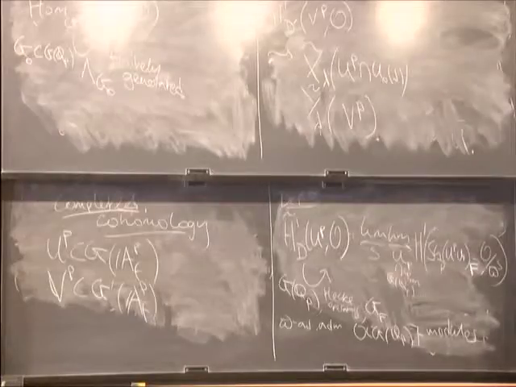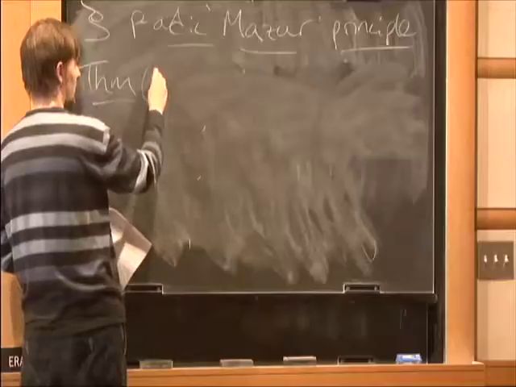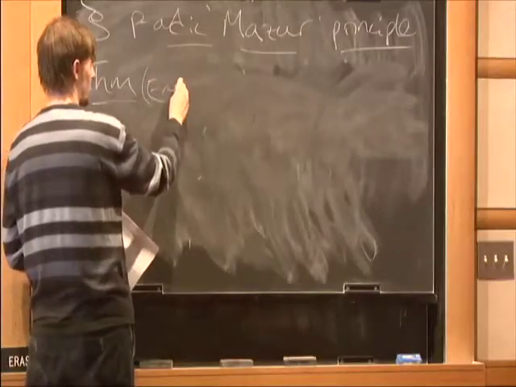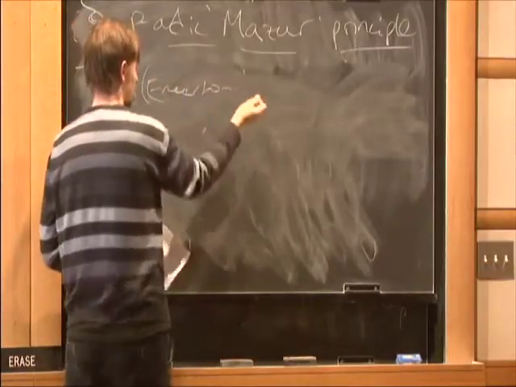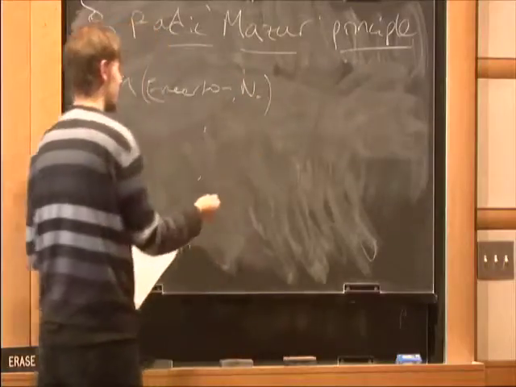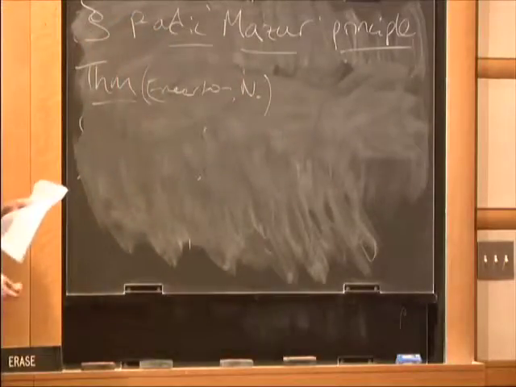A p-adic version of Mazur's principle is going to be some kind of p-adic level lowering result. It's a result of Emerton for modular curves, and I guess it's due to me in this generality, but the proof's really the same.